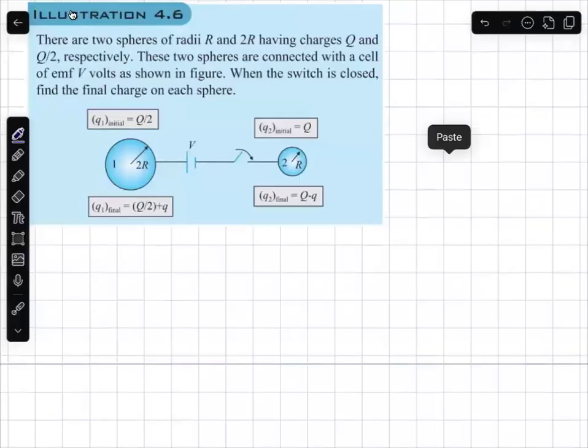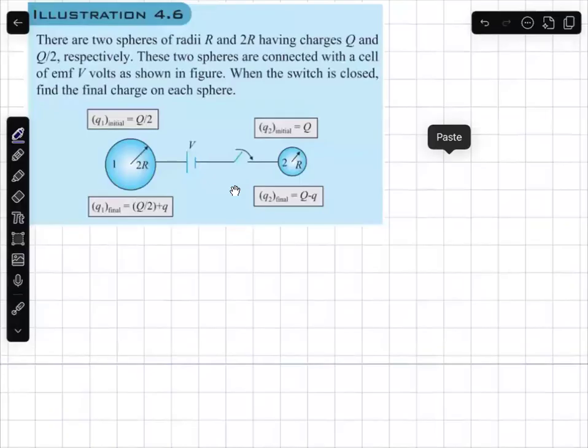When the switch is closed, see, so long as the switch is not closed, remember, no charge flows actually. And sir, I am very confused. How to handle such questions?